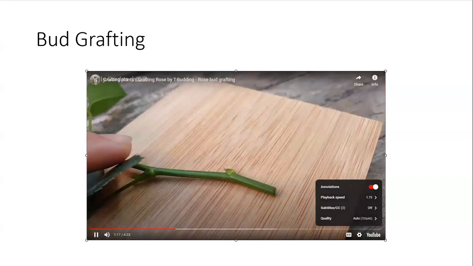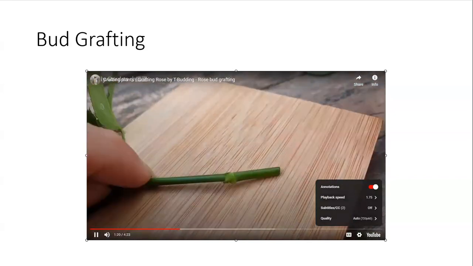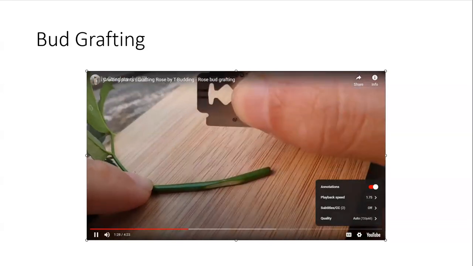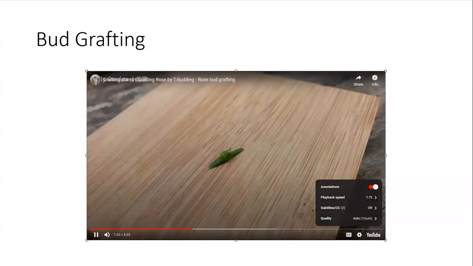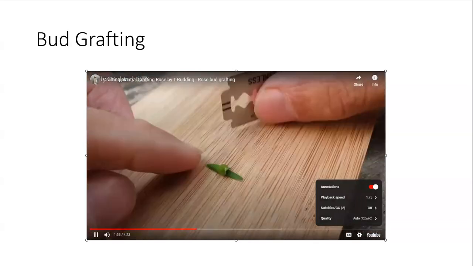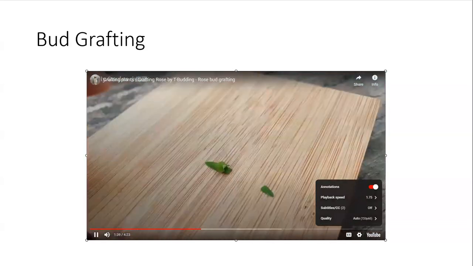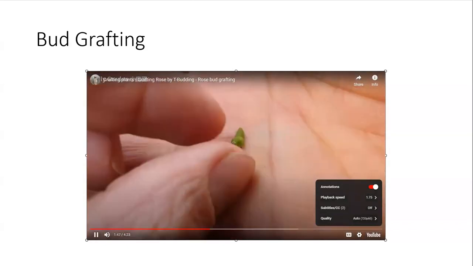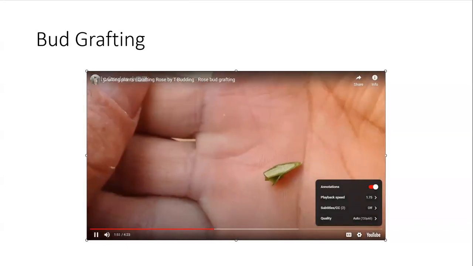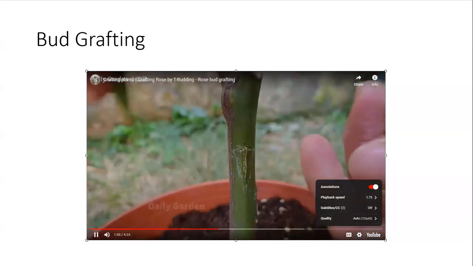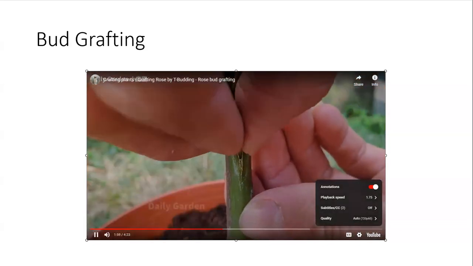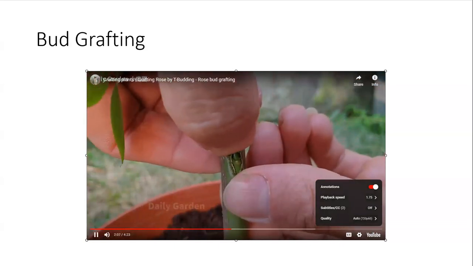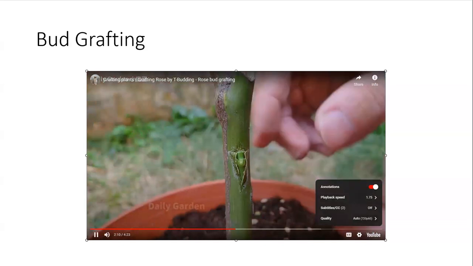Now what they're doing is they're taking a bud from a different plant, cutting it to size. Remember, there's meristematic tissue at the bud. And they're sliding it into that tissue, making contact with the phloem.